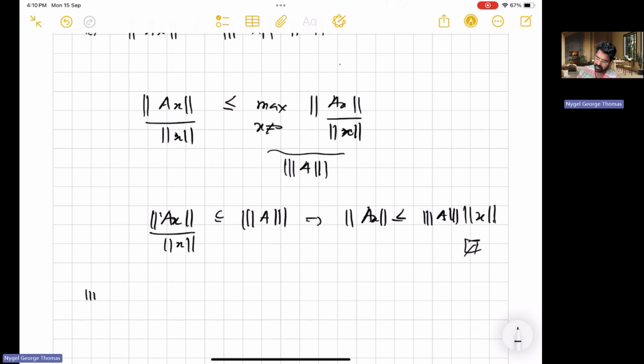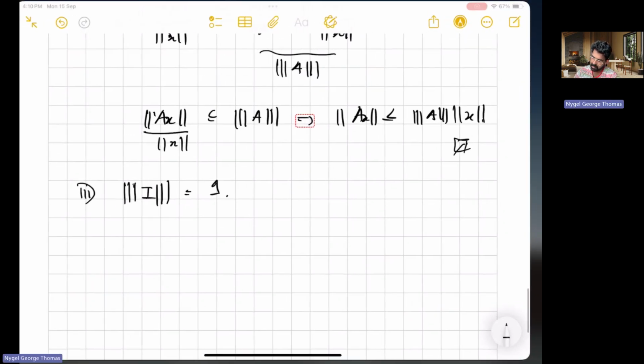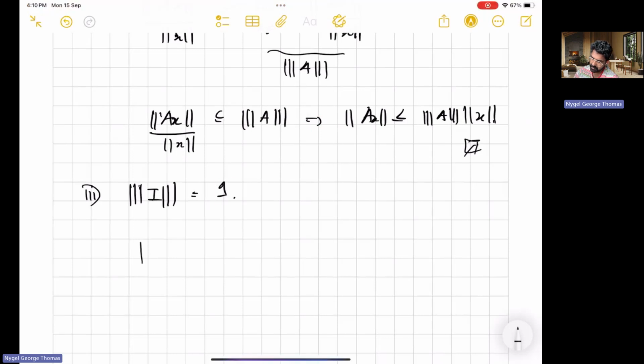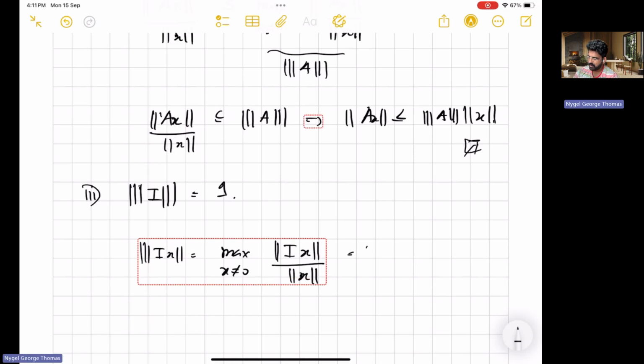Now we have to prove that for induced norms, matrix norm of I is equal to 1. How do you prove this? Matrix norm of I is max over x not equal to 0 of norm of Ix divided by norm of X. Right?